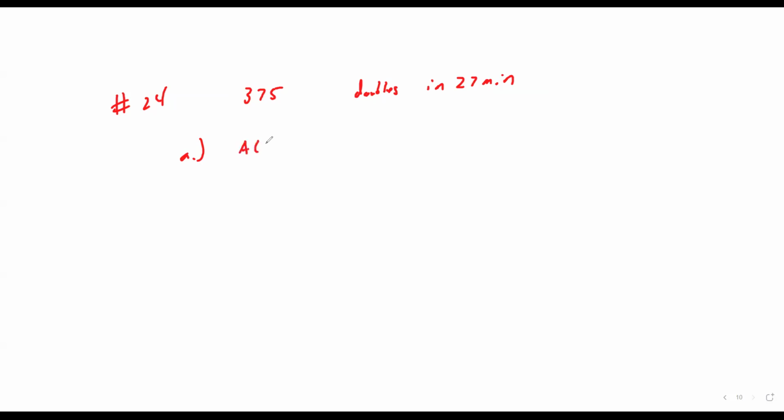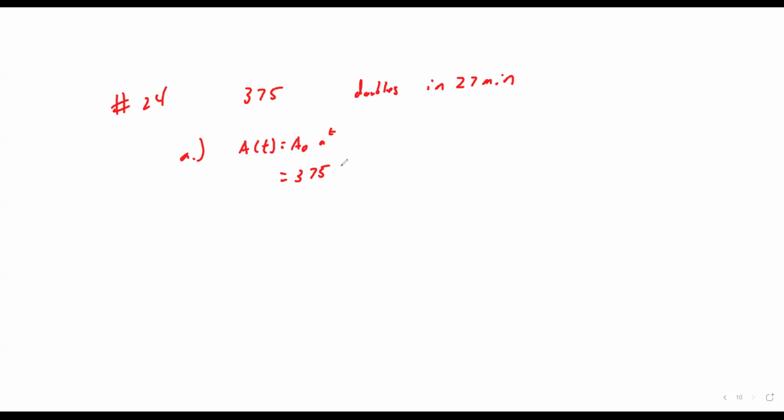So here's the initial amount. All right. So what I can do to figure out what this A is, that could just be 375.